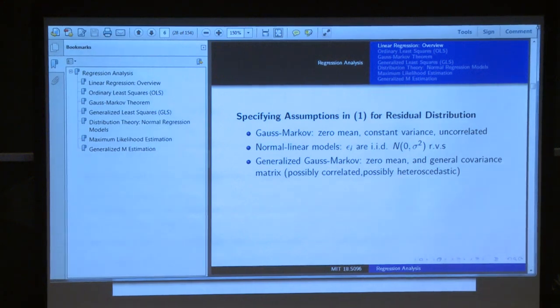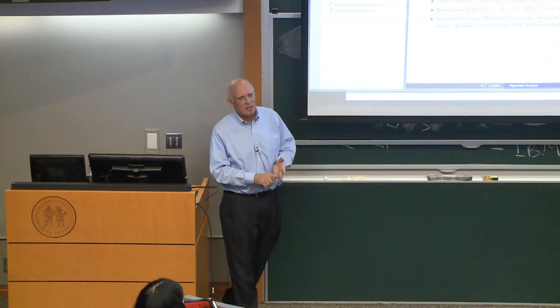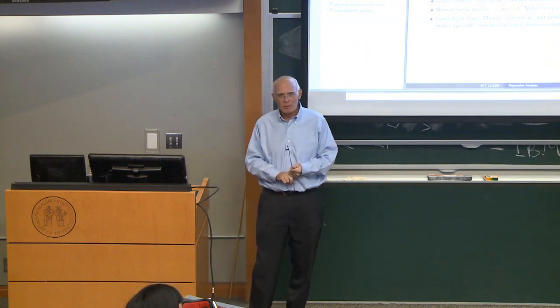We can extend upon that to consider generalized Gauss-Markov assumptions, where we maintain still the zero mean for the residuals, but we might have a covariance matrix which does not correspond to independent and identically distributed random variables.